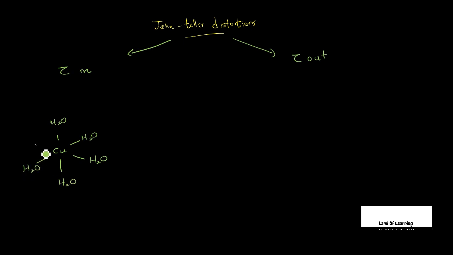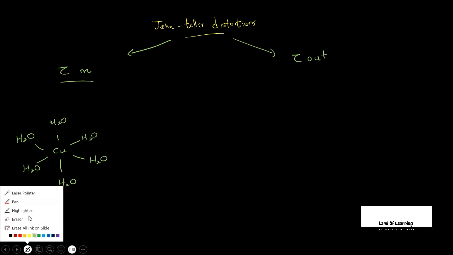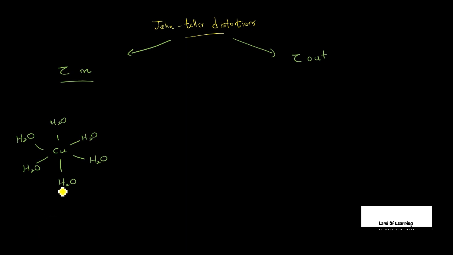Now in the Z in case, what happens is these two ligands over here and over here are going to come towards the metal center. So you need to feel it, right?